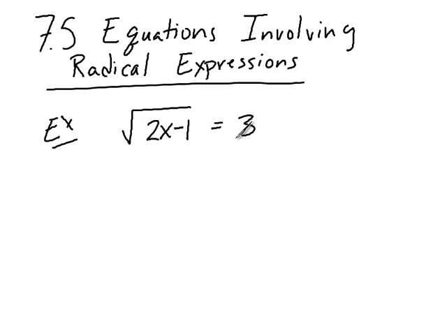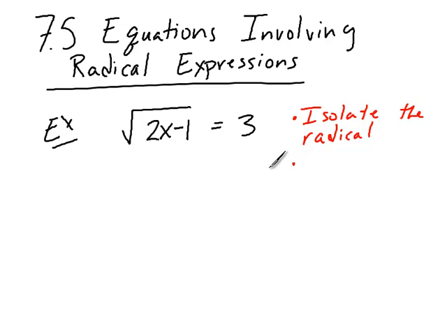Our first step, which is already done for us in this equation, is to isolate the radical. So get the radical by itself. If you remember back when we were solving absolute value equations, we did the same thing. So here we want to isolate this radical, which is already done for us.